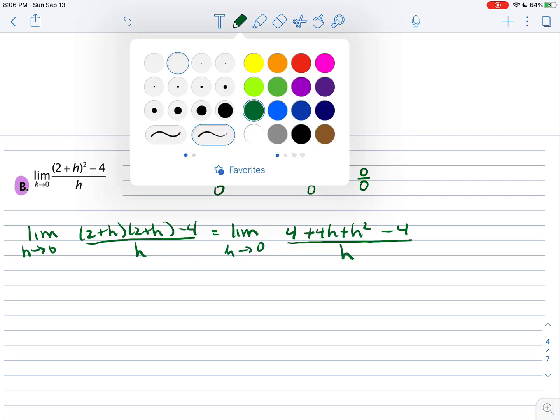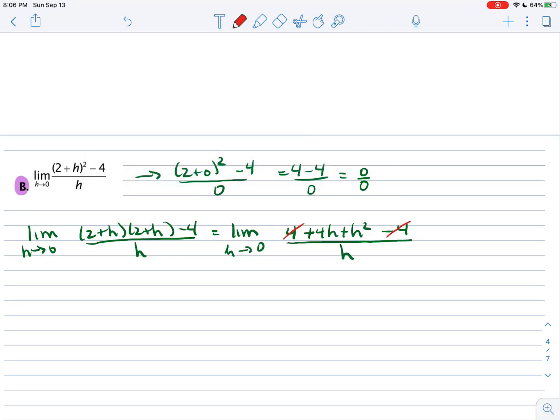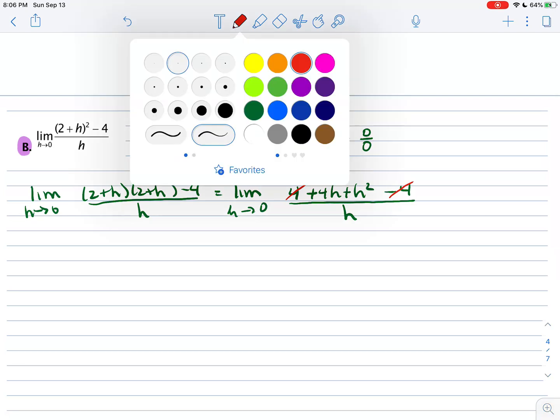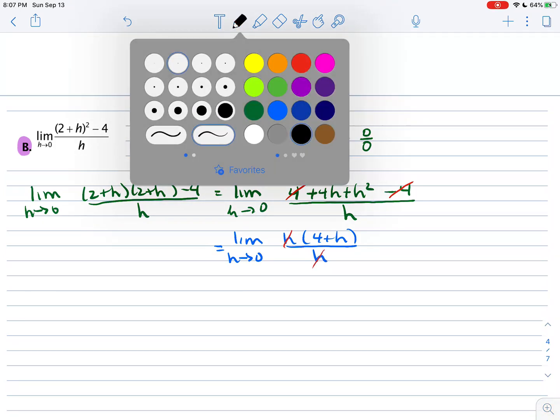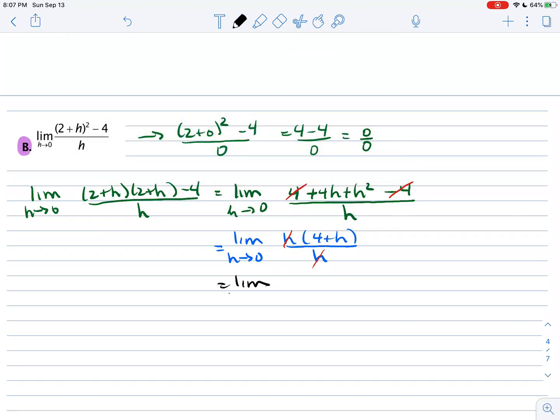And I notice that I can cancel: 4 minus 4 becomes 0, and now I can factor out the h from the numerator, and I get h times 4 plus h all over h, and I'm able to cancel the h's. Now I have the limit as h goes to 0 of 4 plus h, and that's 4 plus 0, which is 4, and that is our answer.